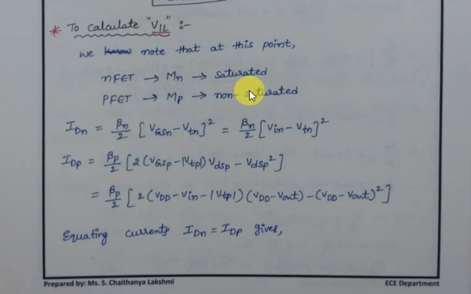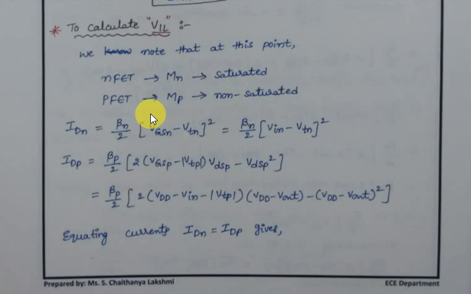If you go wrong with these two things, then the whole derivation will be wrong. Just remember that for VIL, Mn is in saturation and Mp is in non-saturation, and for VIH it's totally opposite: Mn is in non-saturation and Mp is in saturation.